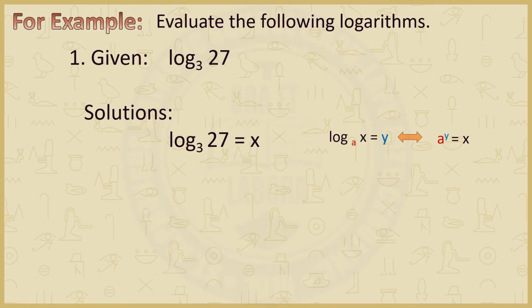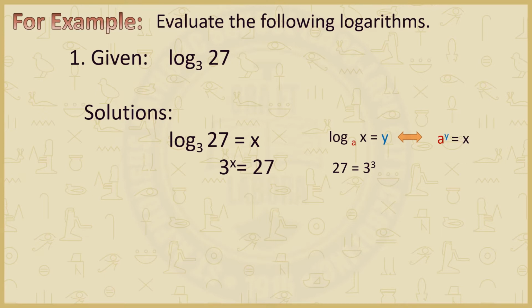So, we will convert the given logarithm to its exponential form, and it is 3 raised to x is equal to 27. After which, 27 can be written into exponential form, and it is equal to 3 raised to 3, because when you multiply 3 by itself 3 times, its result is 27.